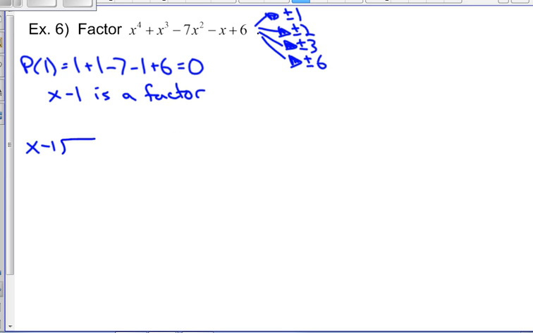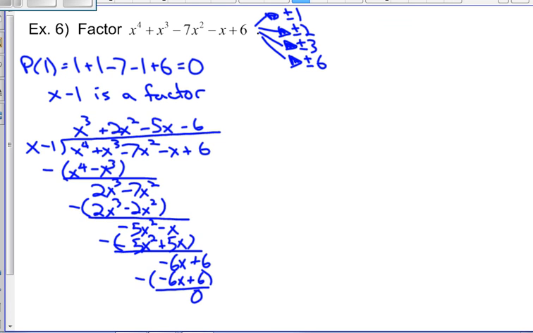So we divide. X cubed. I'll just do the division. I'll pause it and have it show up. And there's the division. So you could have done that either by long division or by synthetic.